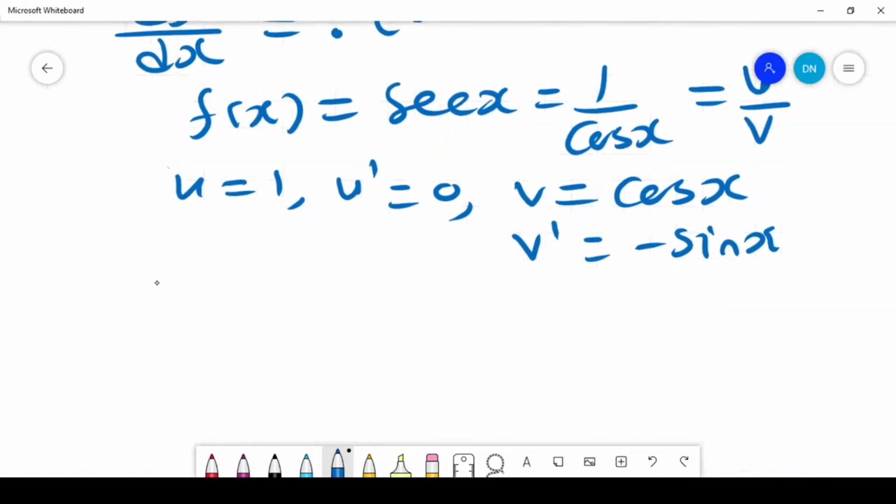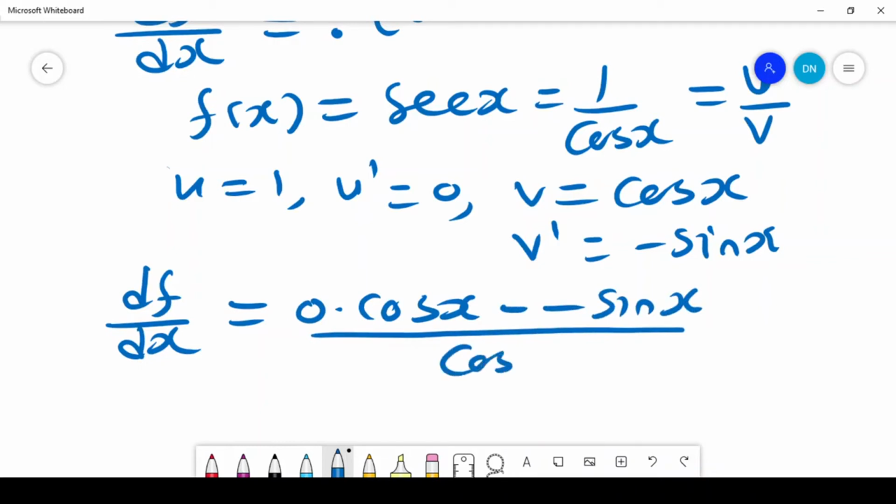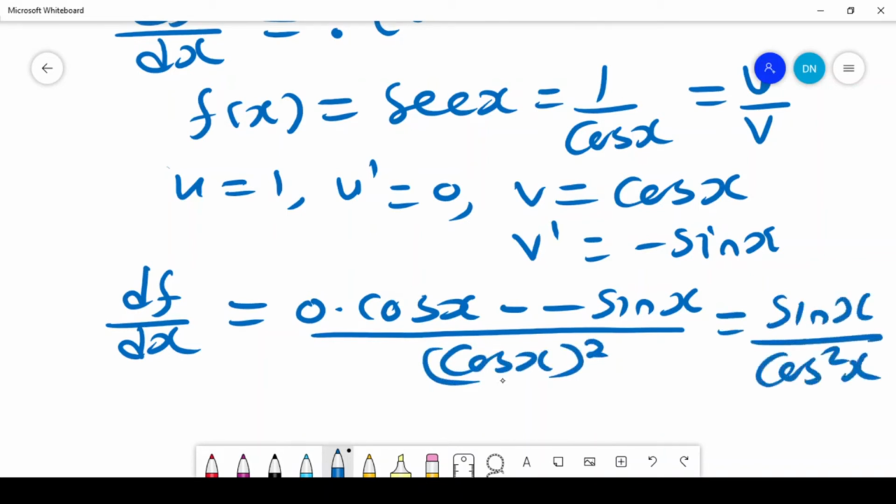And therefore, my df over dx is u prime times v minus u times v prime, over v squared, which gives sine x divided by cos squared x. And that gives me tan x sec x.